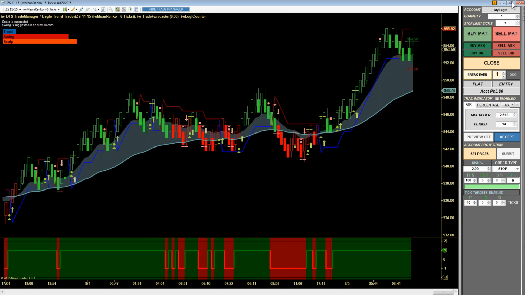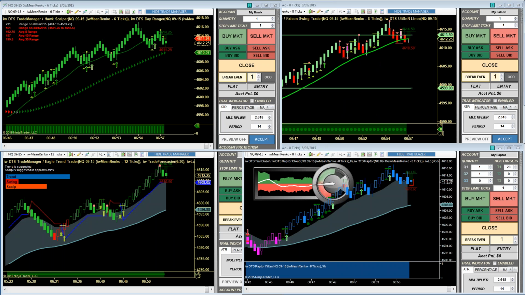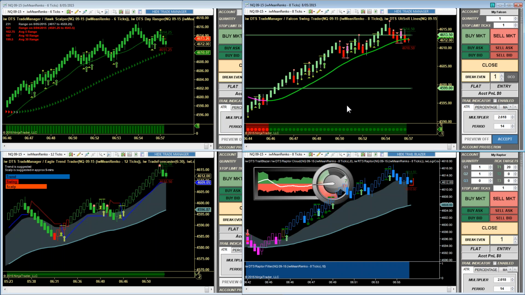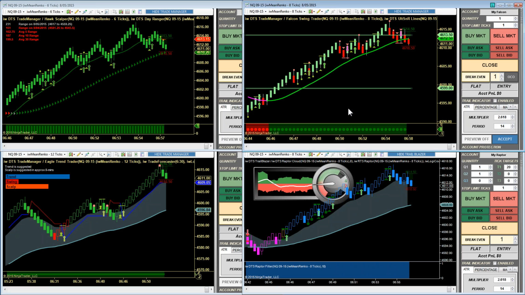So the E-mini not quite as active as the NASDAQ. And things have slowed a little bit here in the NQ after that early run up. That may have been the move of the day.